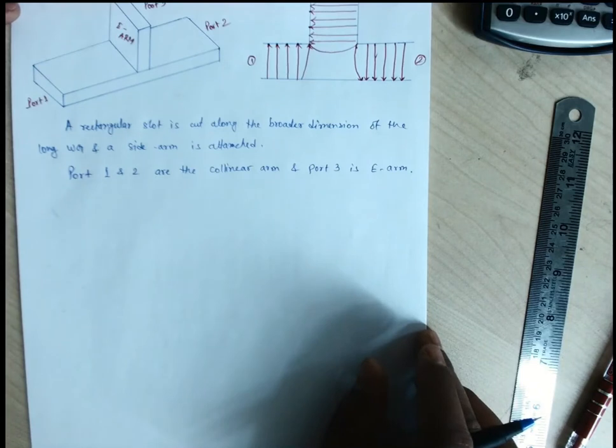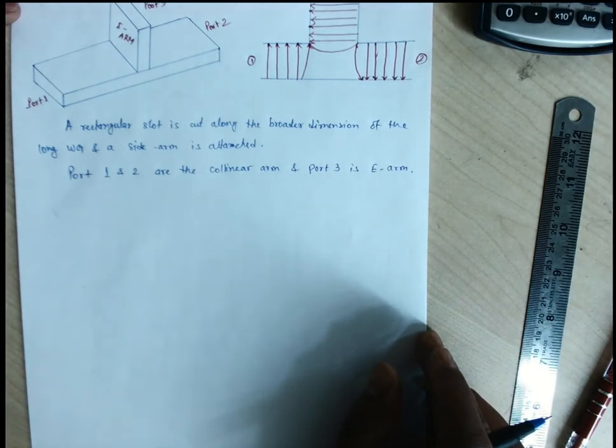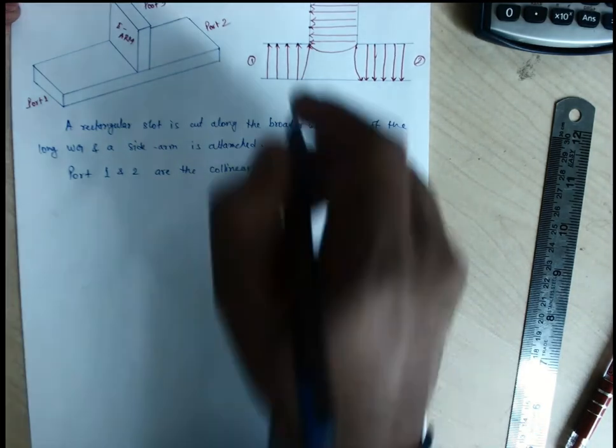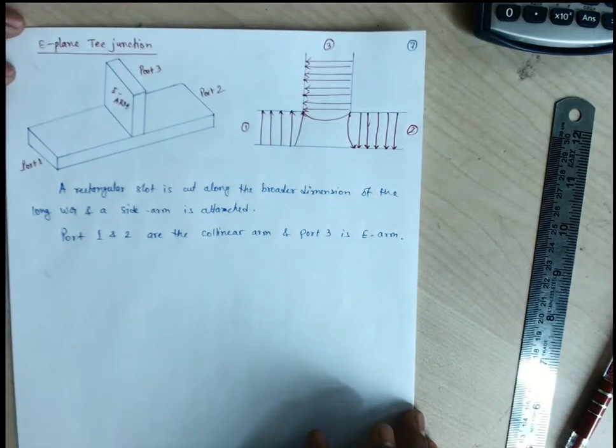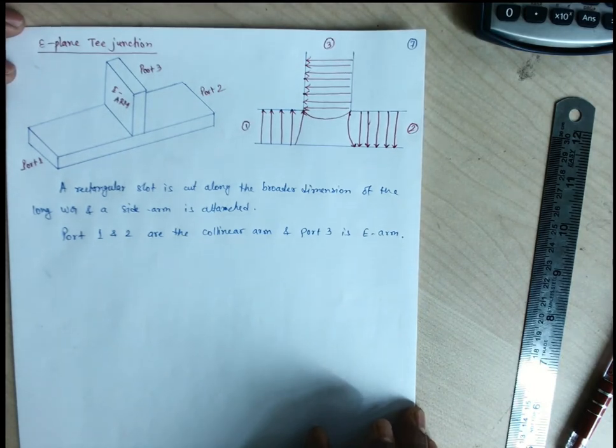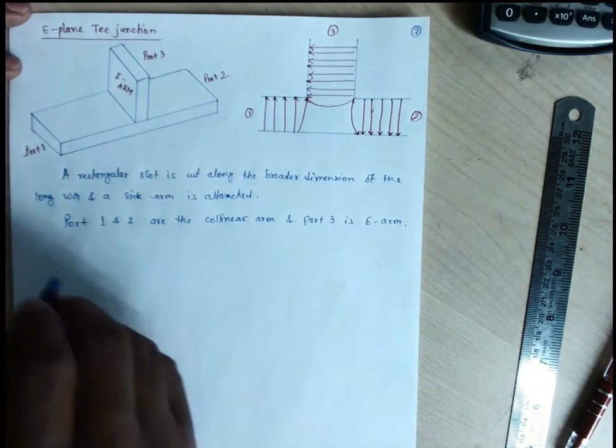So let us consider it has been excited with the dominant mode. When the TE10 mode is made to propagate into port 3, a phase shift of 180 degrees exists between port 1 and port 2.